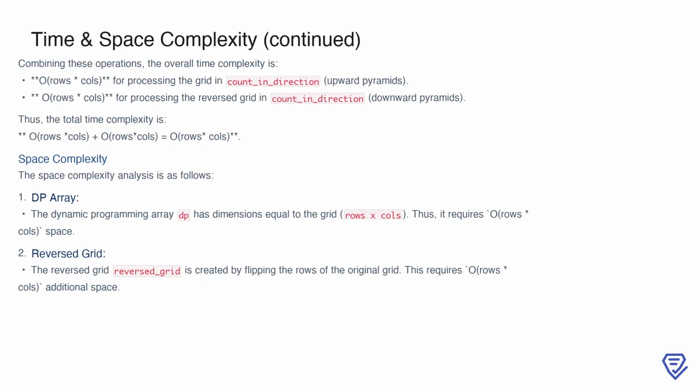Now, turning to space complexity, the primary contributor is the dynamic programming array dp, which has the same dimensions as the grid, requiring rows*columns space. Additionally, we allocate space for the reversed grid, which also requires rows*columns storage. These 2 components dominate the space usage of the algorithm.